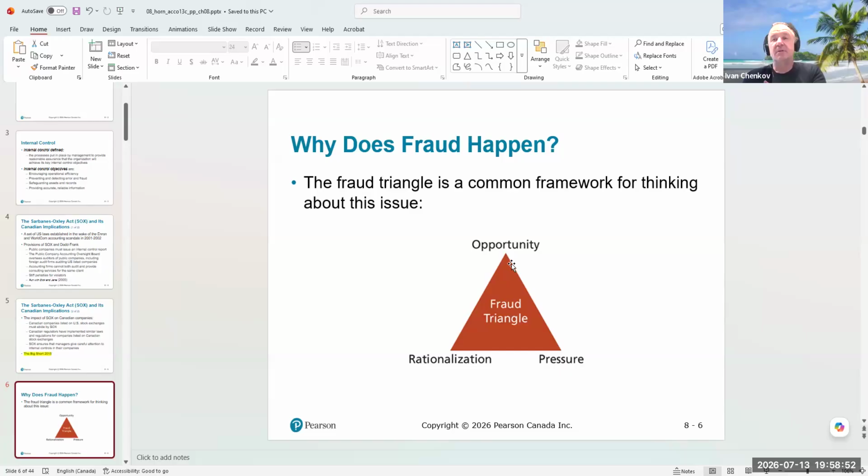So you as a manager, on which part of the triangle should you focus, which one of those three? You should focus your internal control, obviously, on only one thing: opportunities.